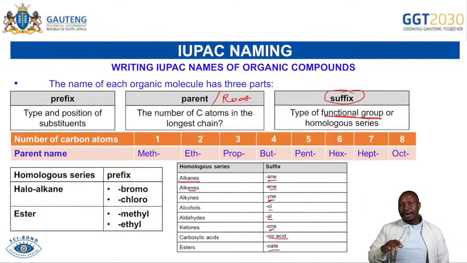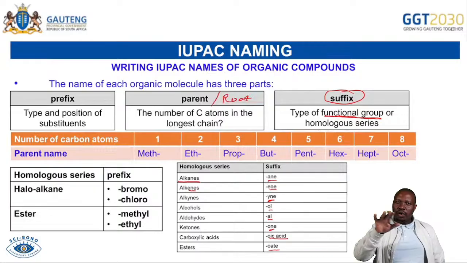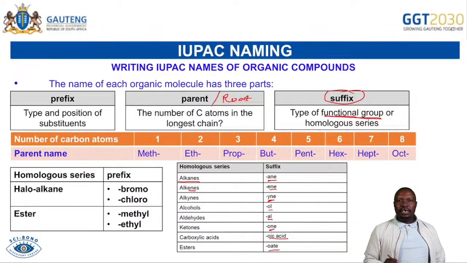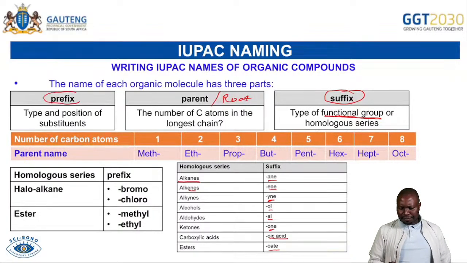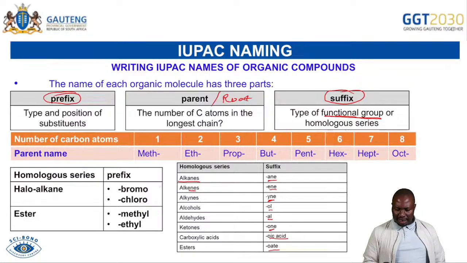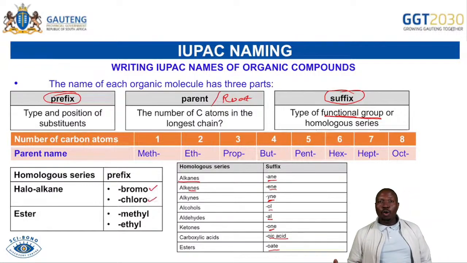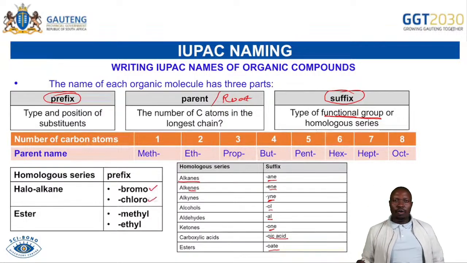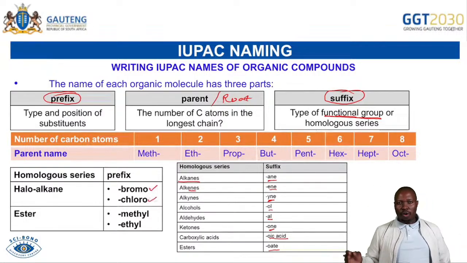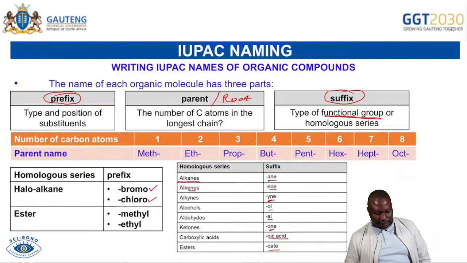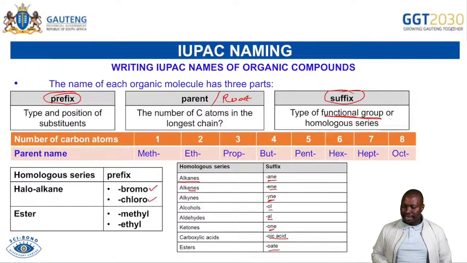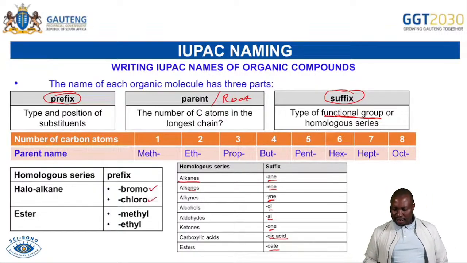So once you know the parent, how many carbons in the longest carbon chain, the third thing is to look for the prefix. Here in physical science, grade 12, we focus on prefixes like bromo, chloro. Sometimes you will still find fluoro and iodo. Hence, we must always name them. Fluoro, iodo, bromo and chloro come from fluorine, iodine, bromine and chlorine, which you will find in your haloalkanes.